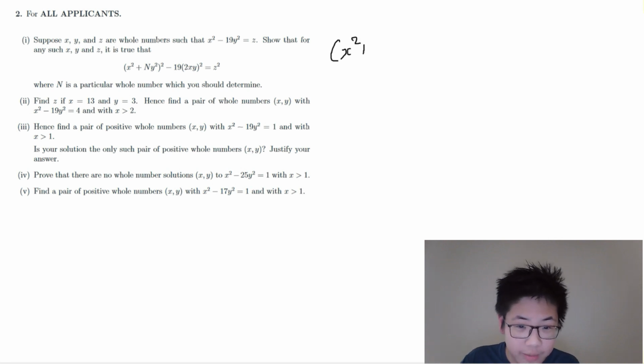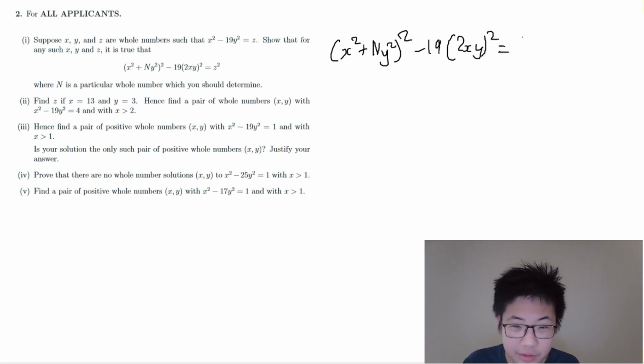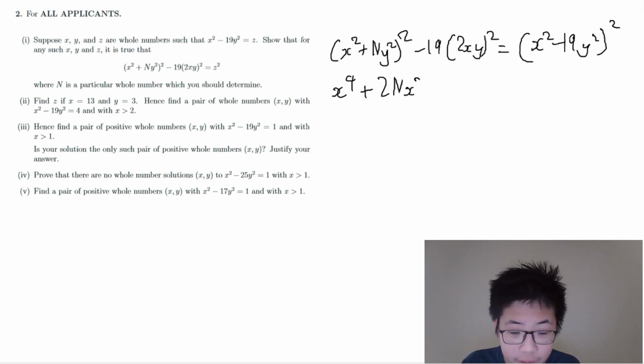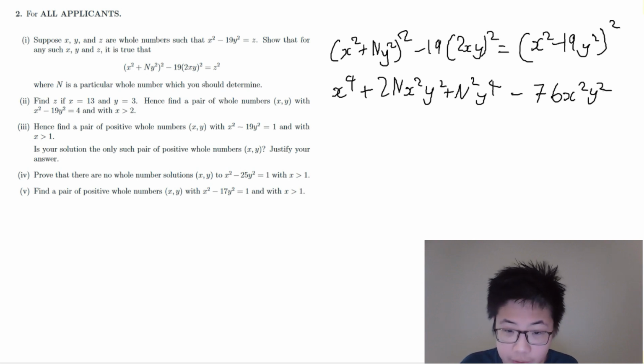Then we have x squared plus ny squared minus 19 2xy squared equals 2, and then substitute z x squared minus 19y squared. And then we will expand both sides to get x to the power of 4 plus 2n x squared y squared plus n squared y to the power of 4 minus 76 x squared y squared equals x to the power of 4 minus 38 x squared y squared plus 361 y to the power of 4.